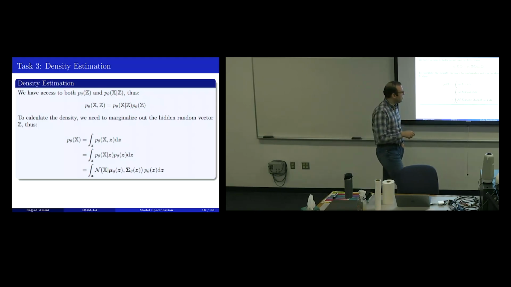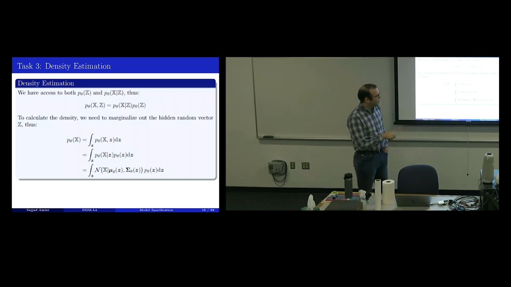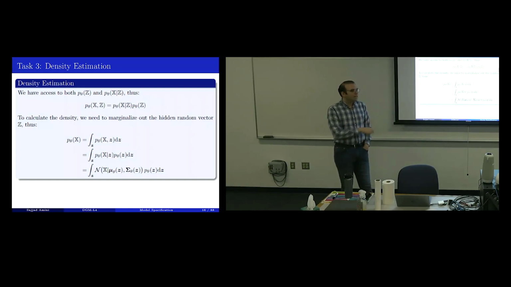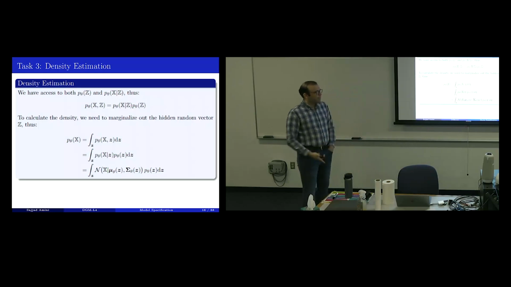In linear Gaussian systems, these two relations are affine transformations, and the integral can be calculated tractably. But here, because we use very complex neural networks, the result of this integral is not trivial, and this is the problem. We have a very flexible model, but you cannot estimate the density very easily. And this is where we have some problems.